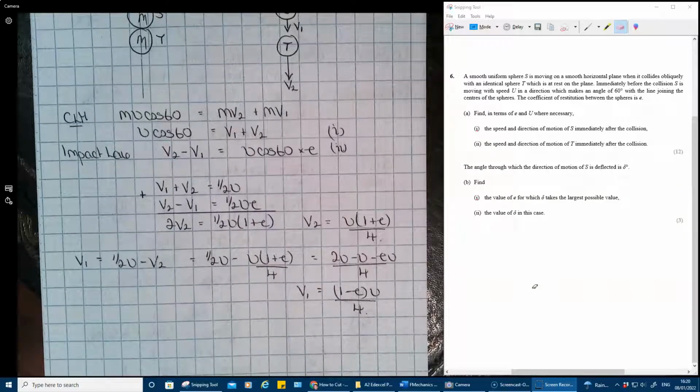So now it asks you for the speed of S. We've got v1 and we want the speed.